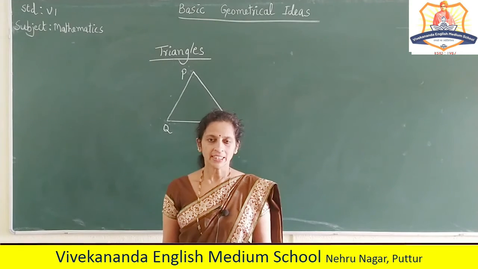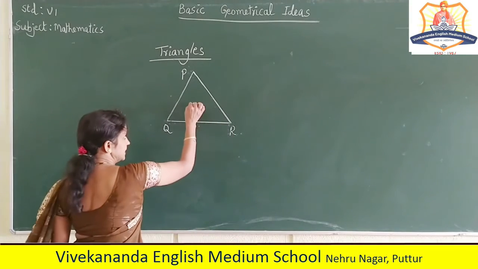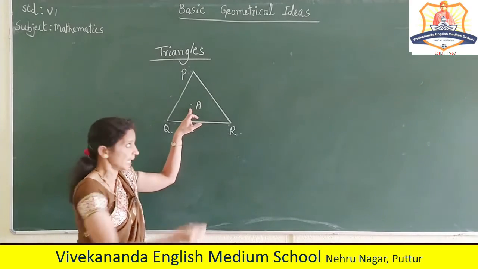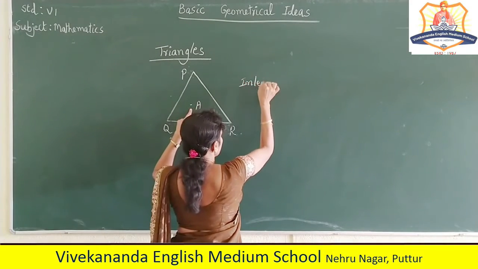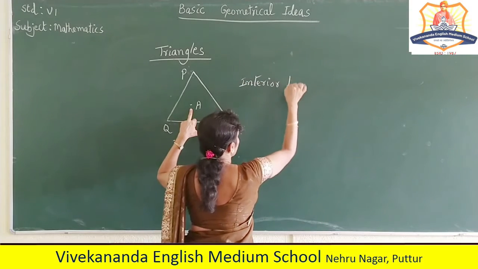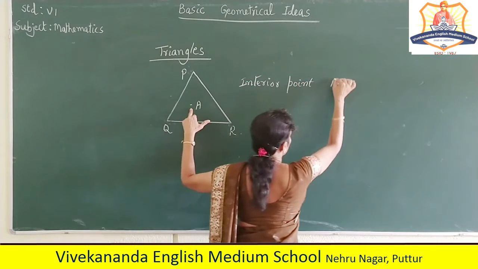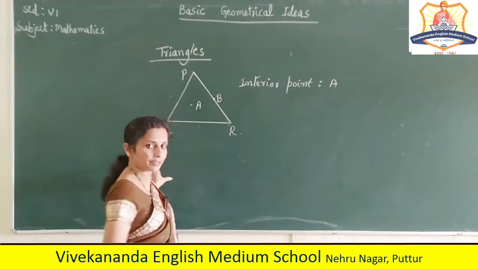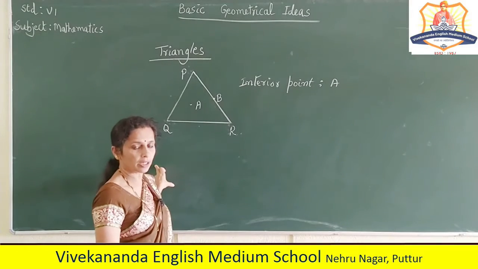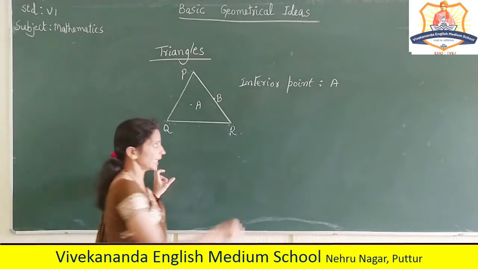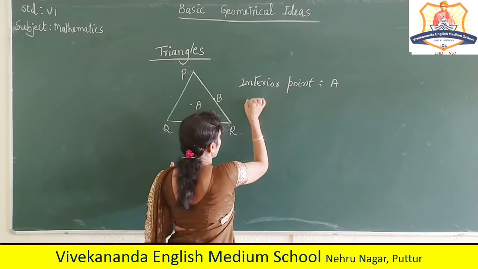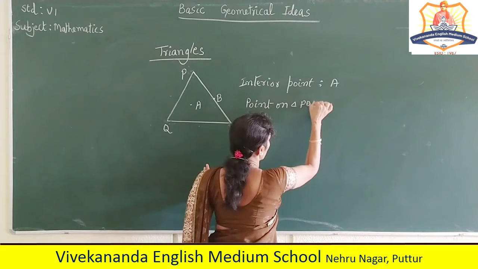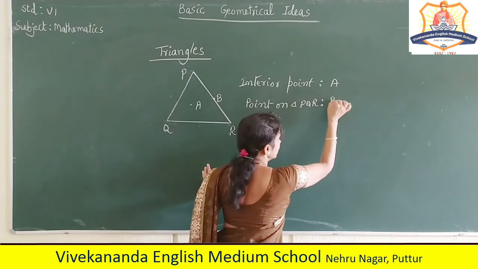As we have seen in the angle, if the point is inside the triangle, let this point be A, which is inside the triangle, then we call it an interior point. So here the interior point is A. If the point is on the triangle, let this be the point B, which is on the side PR, so we call it point B is on triangle PQR.